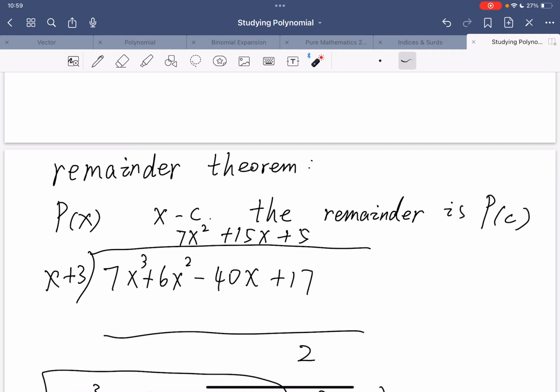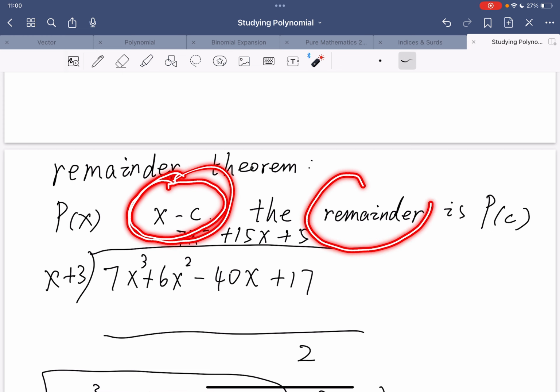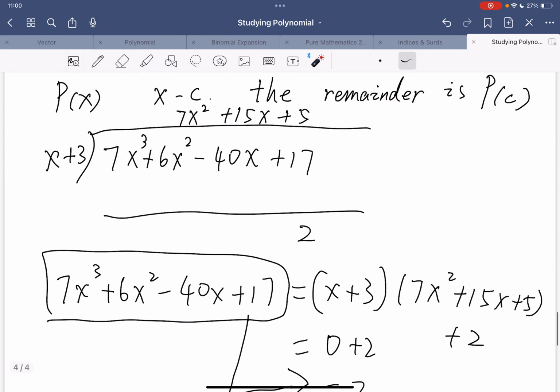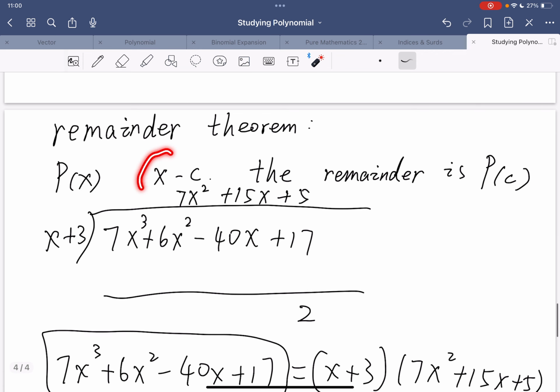So if x minus c is the divisor, then you can easily calculate the remainder by making this expression 0. You don't need to use long division to go through the whole procedure. You just make the linear expression equal to 0. You will find out the remainder value.